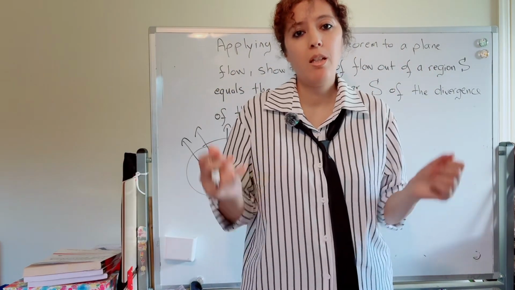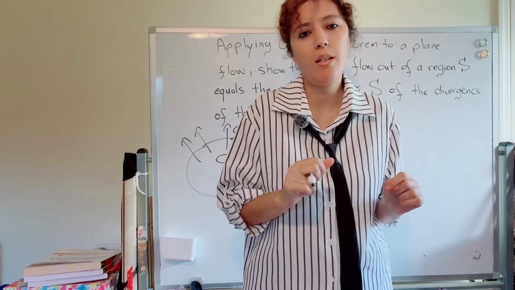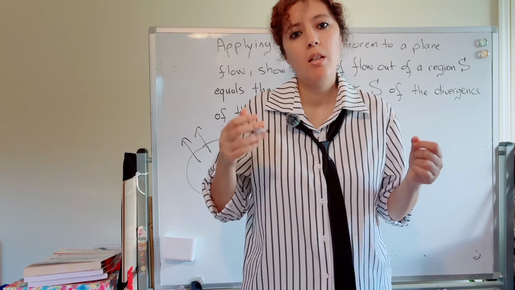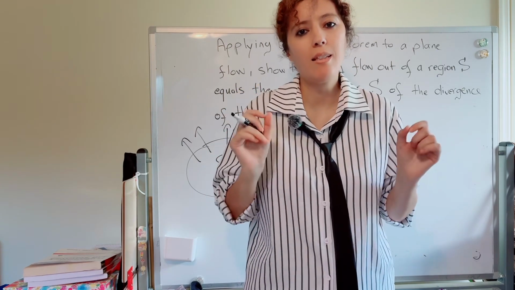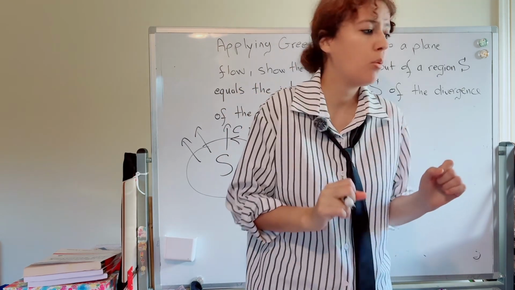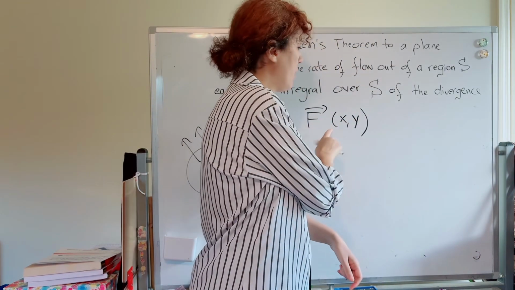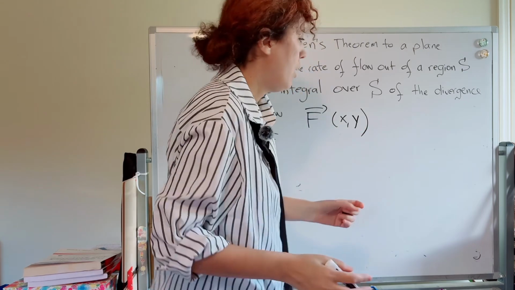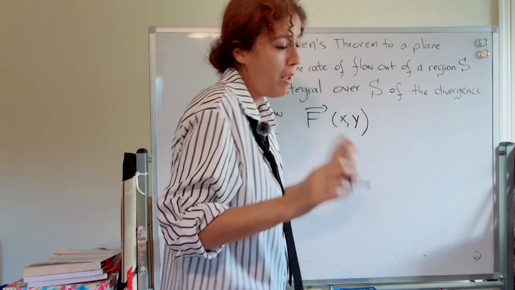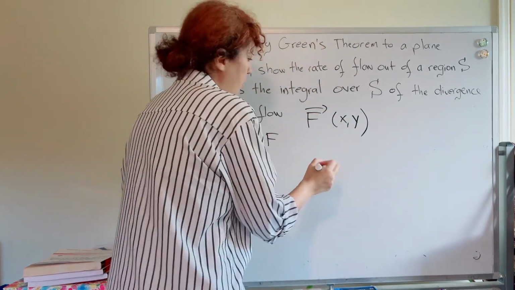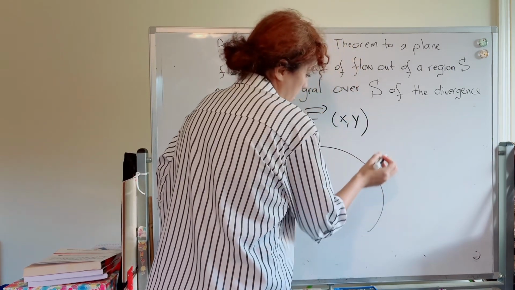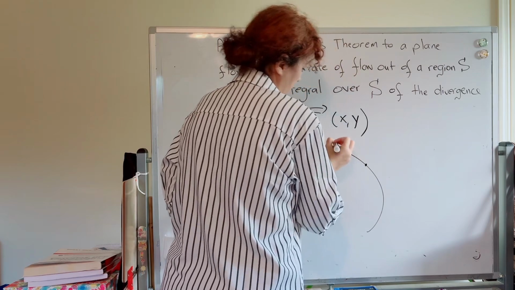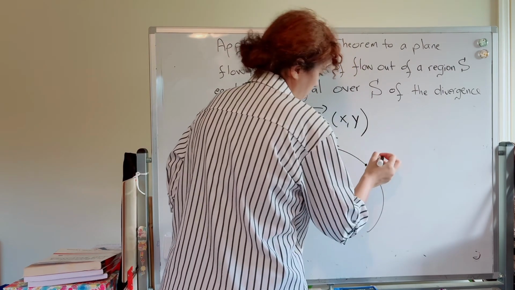To determine the rate of flow out of S, which is the amount of substance that flows out of S at a given time, let F be the velocity of the substance at (x,y). We're going to momentarily concentrate on one point of C. This is the curve C, and we concentrate here.